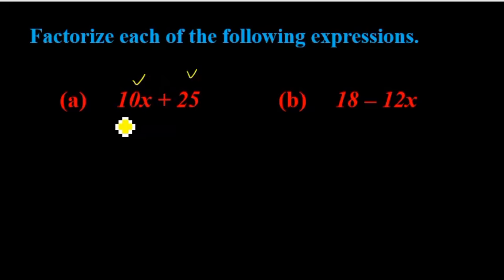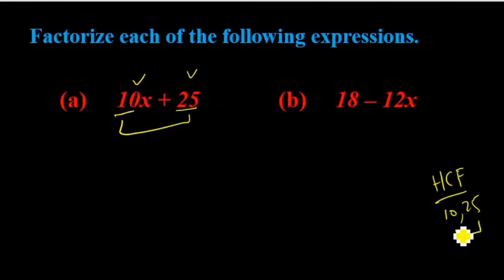It means we have to find the common factors. Basically we find the HCF, the highest common factor, of 10 and 25, the table on which both numbers come, the table of 5. Simply when you divide by 5, 5 is the HCF of 10 and 25.